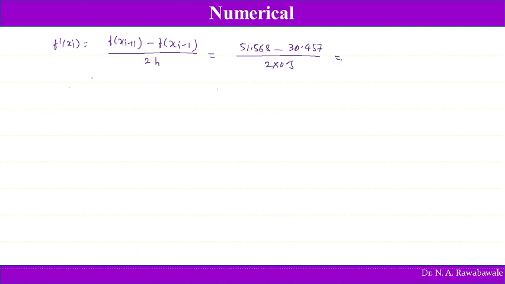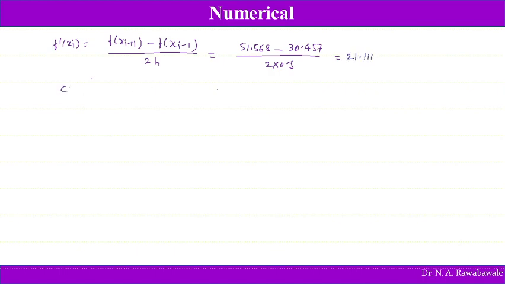So this is 51.568 minus 30.457, which is going to be 21.111.